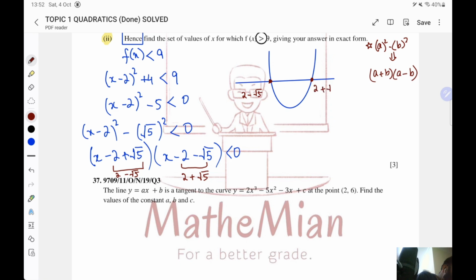Now since it says less than 0, it means the region below the x-axis, so the final answer will be 2 minus square root of 5 less than x less than 2 plus square root of 5.